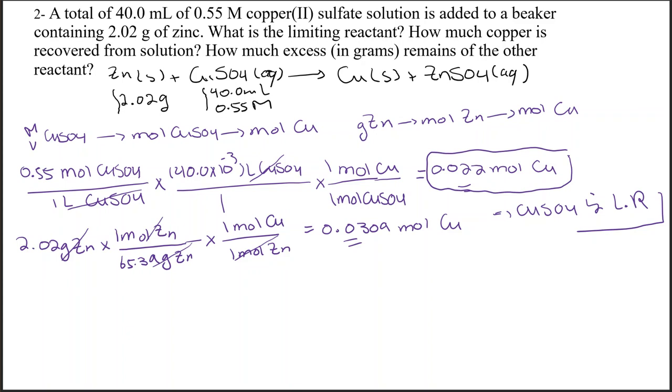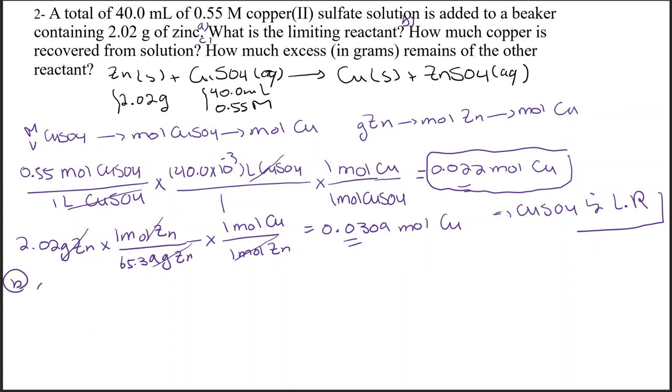Now the second part is asking how much copper is recovered from the solution. So since copper(II) sulfate is the limiting reactant, the maximum amount of copper we can recover from this reaction is 0.022 moles. So we can convert that to grams.